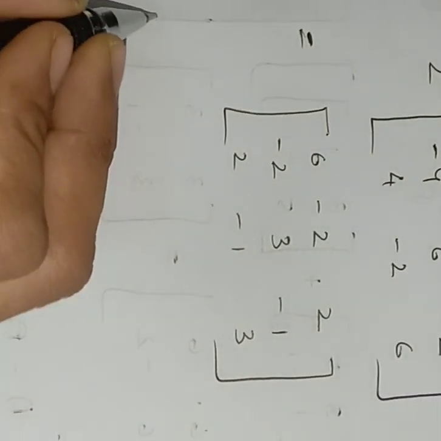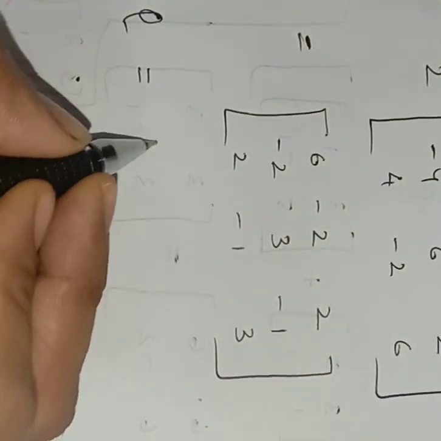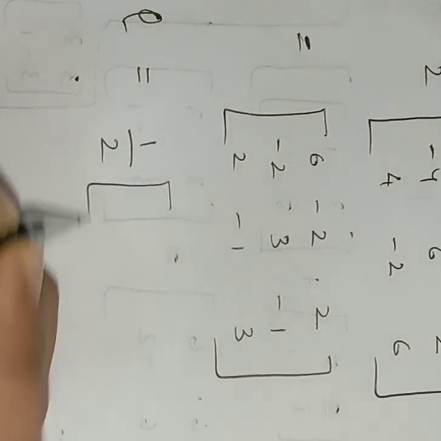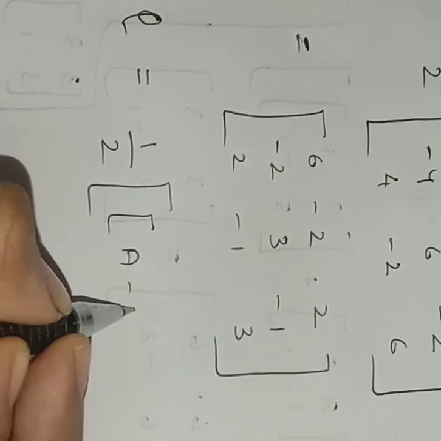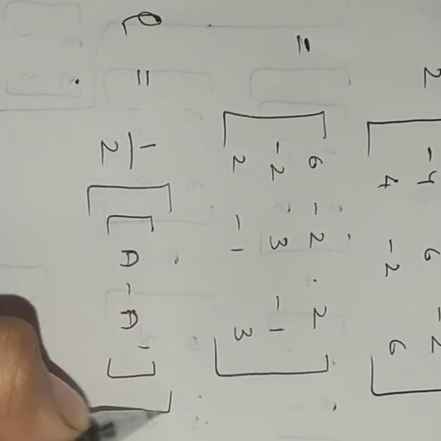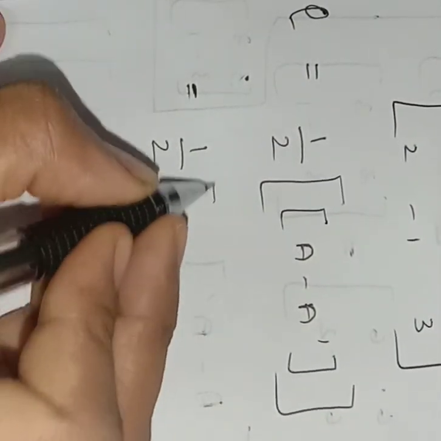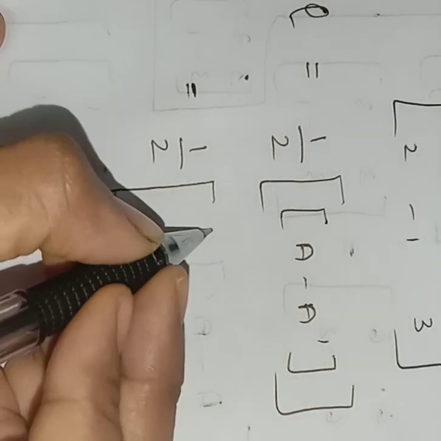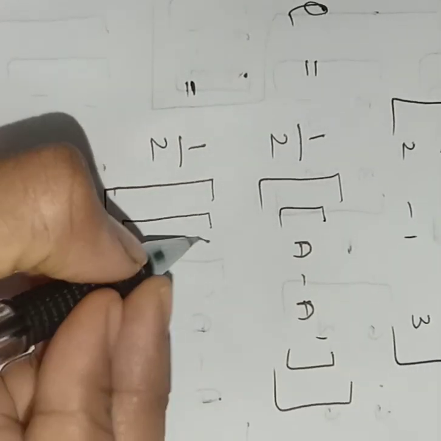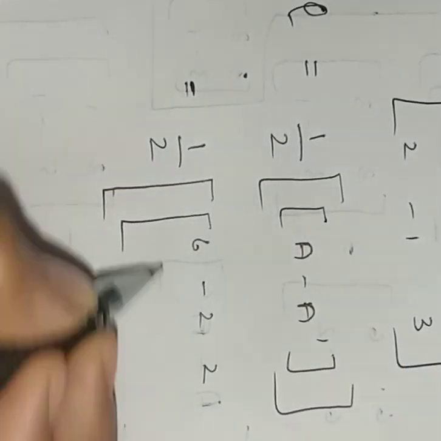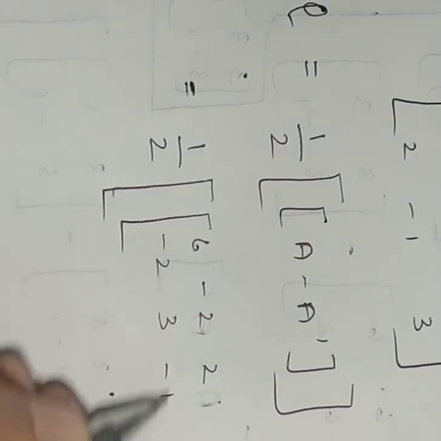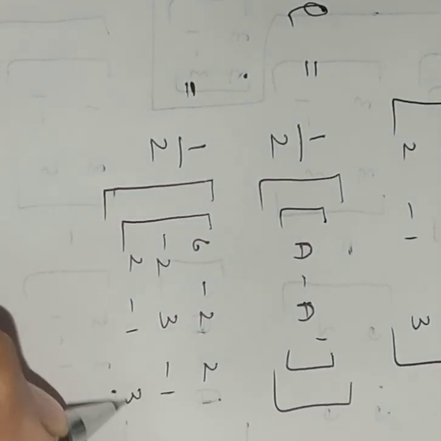So now we are going to do the Q, that is half A minus A dash. What is the A value? 6, minus 2, 2, minus 2, 3, minus 1, 2, minus 1, 3.